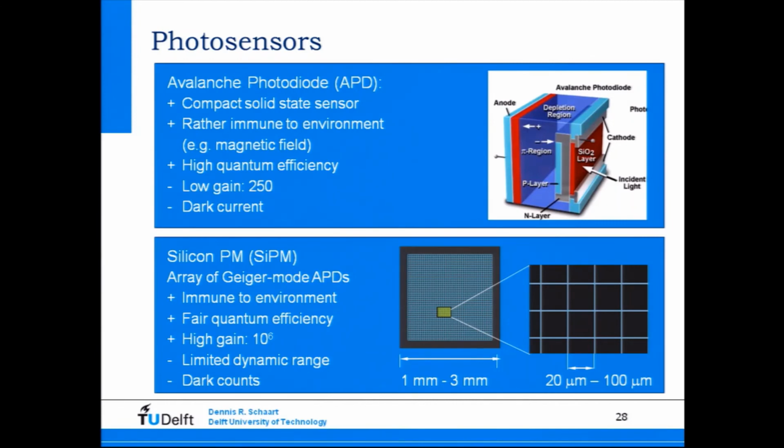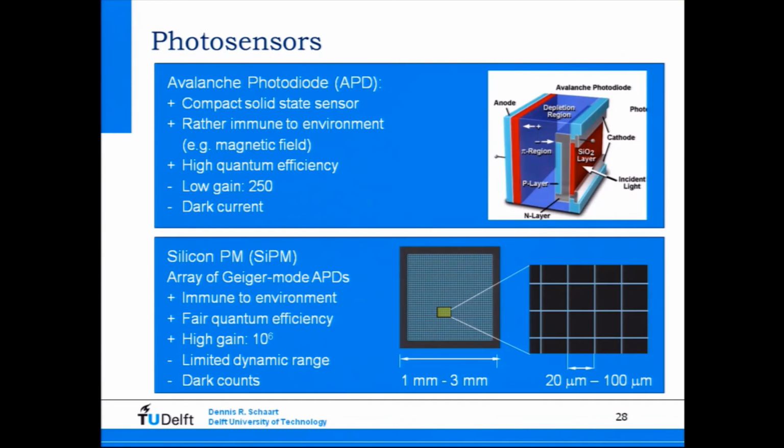You can also put it in front of the detector. If you remember the double-sided readout approach, this is of course a very important property, and indeed this approach was tested first with APDs.